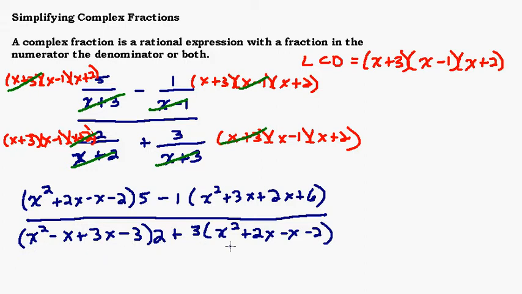Okay, so now we need to simplify and distribute. I'm probably going to have to erase something. Okay, here we go. Can we distribute and simplify at the same time? Are we okay with that? Let's do that. We can do it.